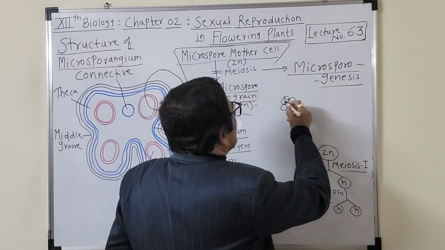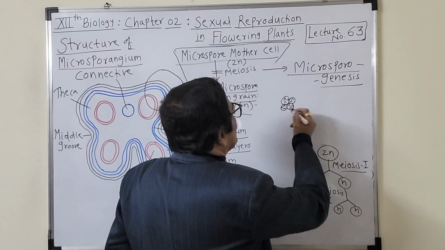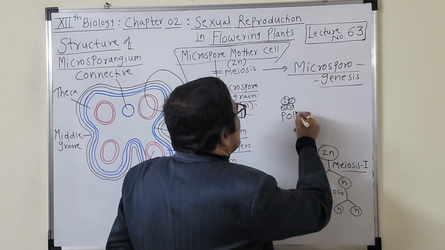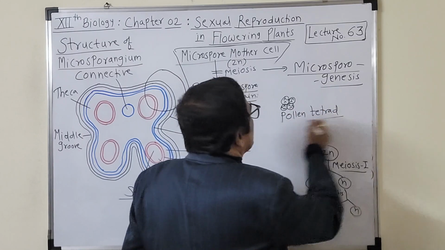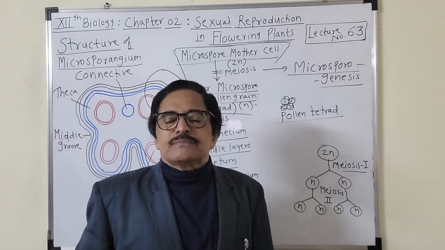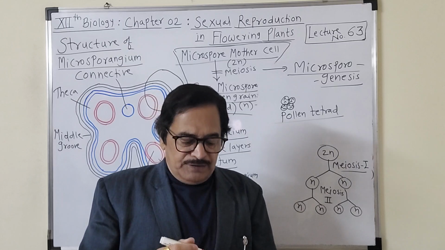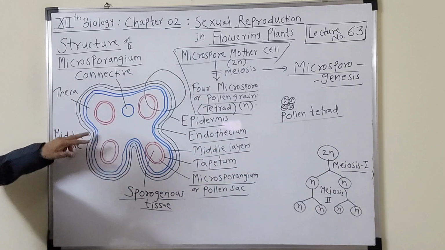Remember, this pollen tetrad is very important. They will be released in this form. At the time of dehiscence, these cells will rupture along the middle groove.